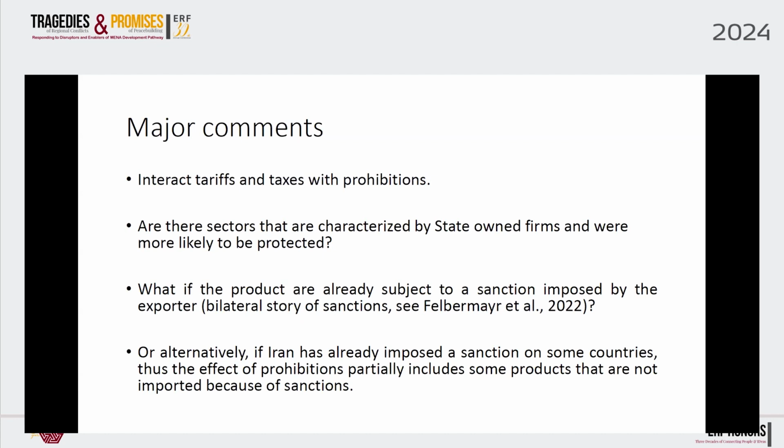So this dimension also could be explored in order to show if we have any differences between sectors where we have state-owned firms relative to those we don't.